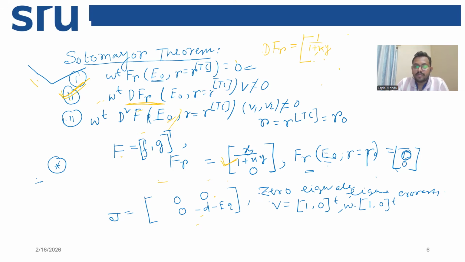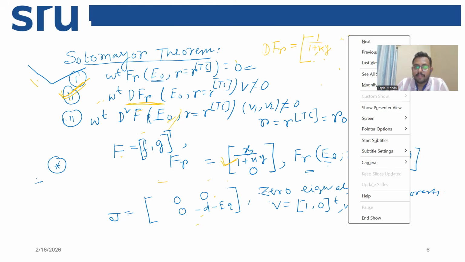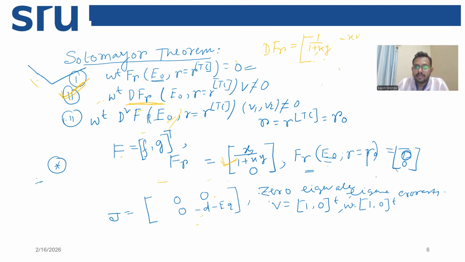If we take it with respect to y, it is given minus x by k1 plus ky, then whole square, and these two are 0, 0.